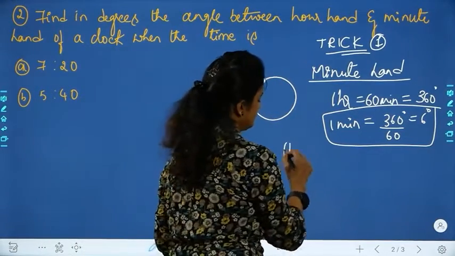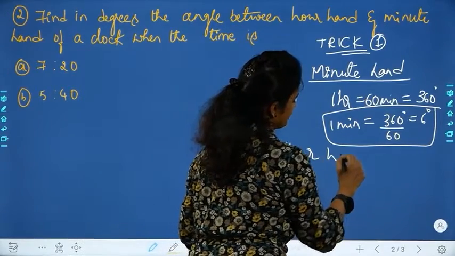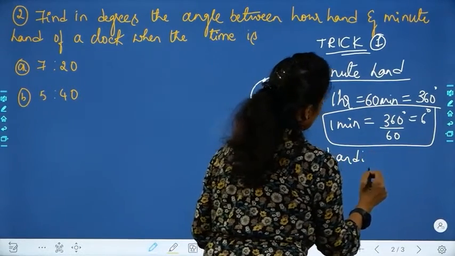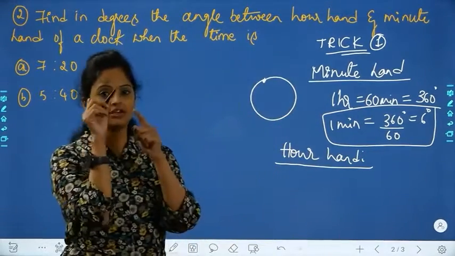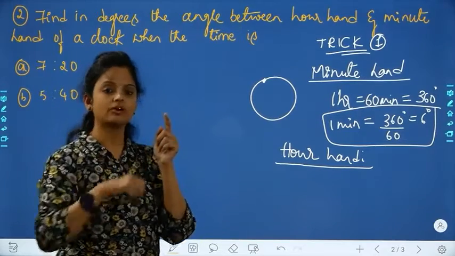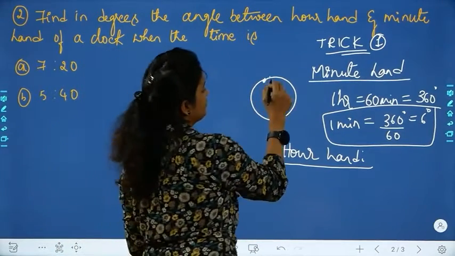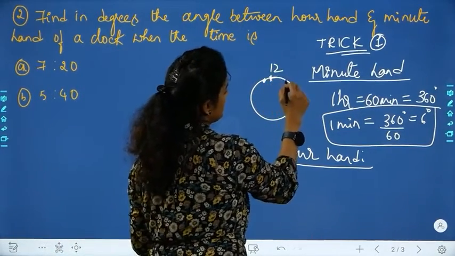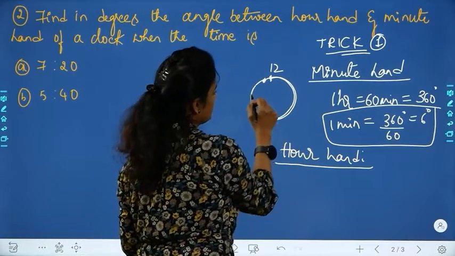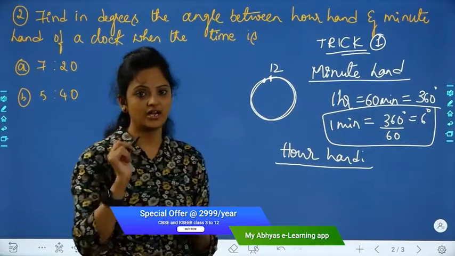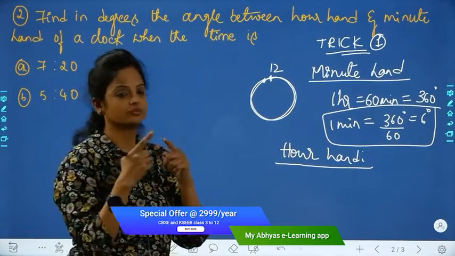So come to hour hand. In hour hand, complete one rotation, when will it happen? From 12 o'clock if you are starting, you are going through all the hours and going back to 12. That is 12 hours, one complete rotation will be there. Correct?